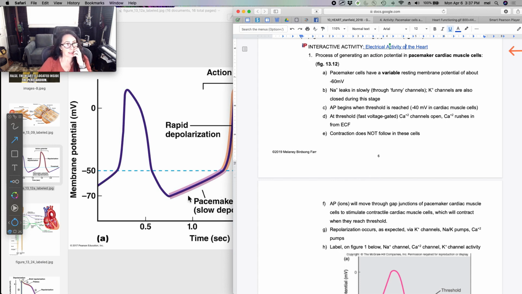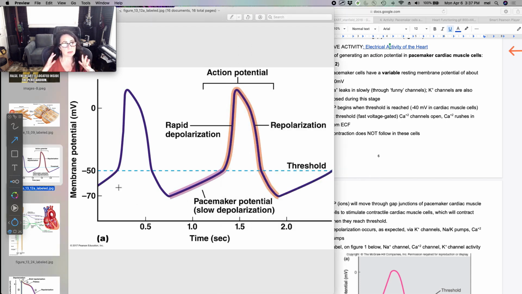But what happens is if you have a dependable sodium electrochemical gradient, and you work really hard on having a dependable sodium electrochemical gradient, then you are going to have these sodium channels that are always in the pacemaker cells.